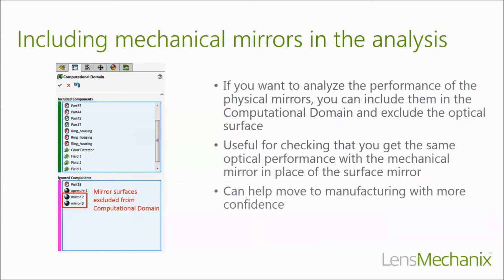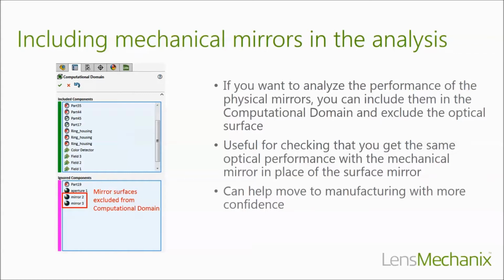After you've created your mechanical geometry, you may want to include these physical mirrors in your computational domain, which means you are taking them into the analysis to see how they will react or how they will behave in the ray trace. And that means that you might want to remove the actual optical surfaces that were loaded in the original file.